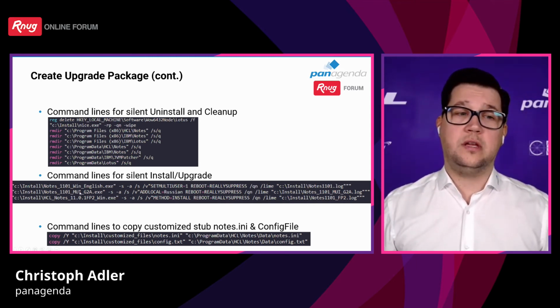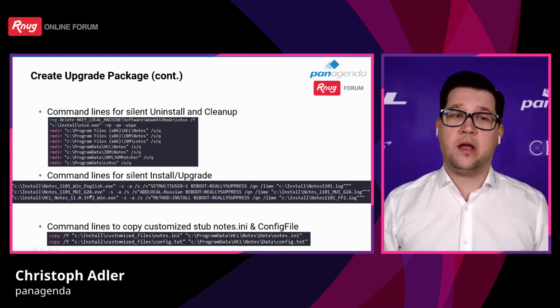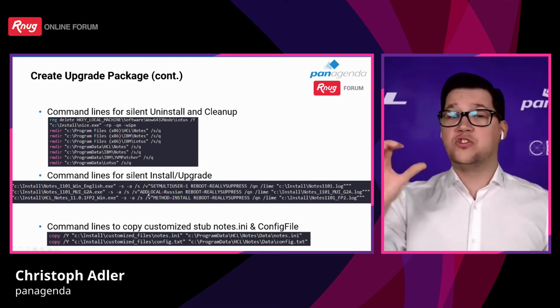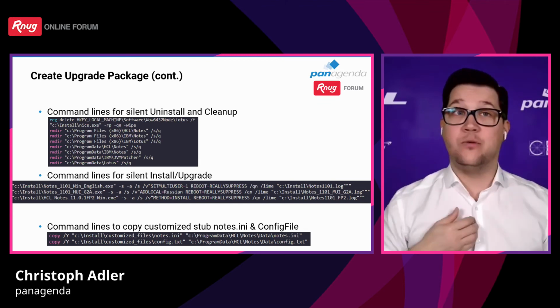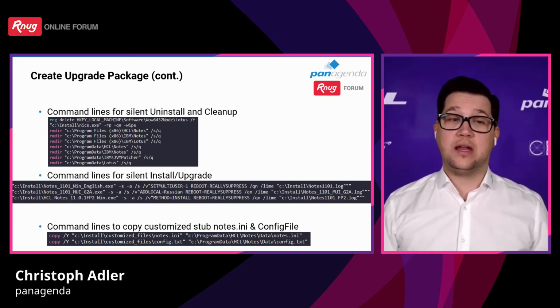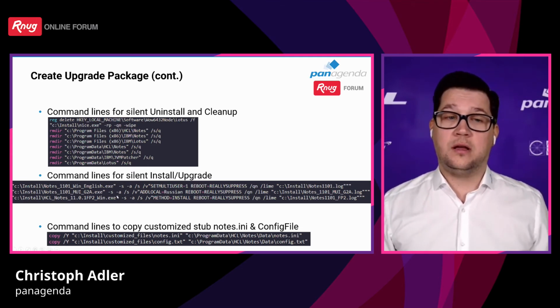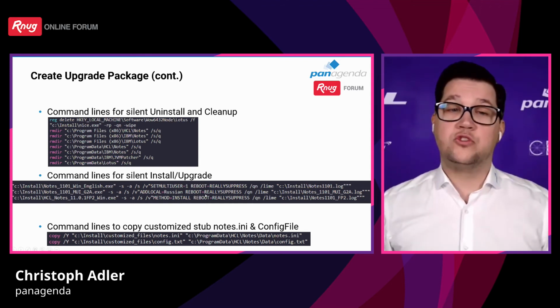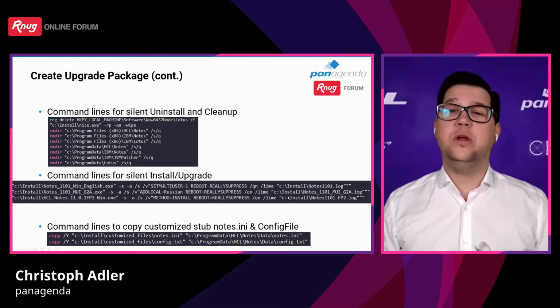So we use the group 2A language pack. We just use the parameter add local equals Russian. This will add the Russian language. If you need other languages, fine. You can add other languages here or maybe add another language pack. We also use reboot, really suppress, and we also write a log.